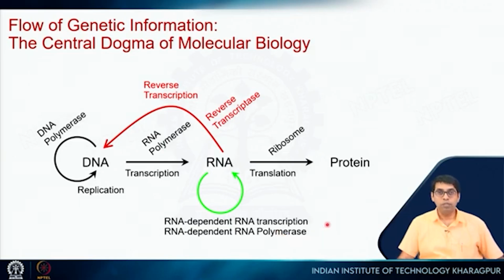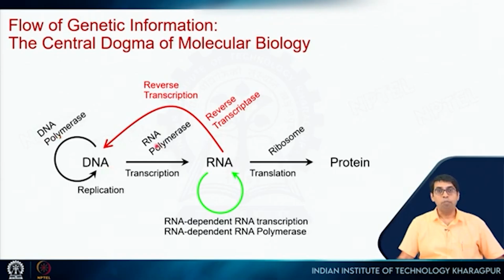So let's focus on this central dogma of molecular biology, because this will be the central theme of today's lecture. What we have seen so far is that DNA encodes information in most organisms. When that information is copied, that is replication, it is done by DNA polymerase.